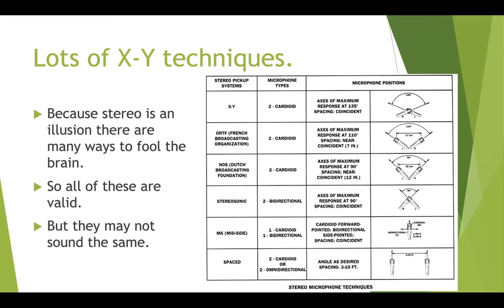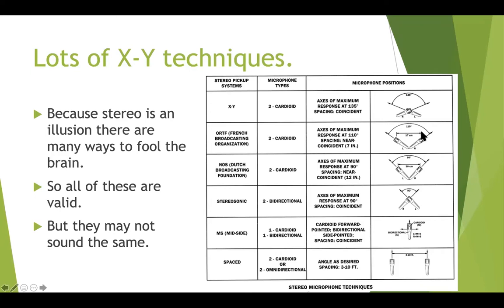The sound will move around the room, but it'll also go wide and what's called wide and tight. So these XY techniques will give you that, and any one of these is valid. The mid-side one is kind of weird, where it uses a single microphone with different pickup patterns. I've never had any success with this. You need specialized mics for this. You need to have a cardioid and a bidirectional.